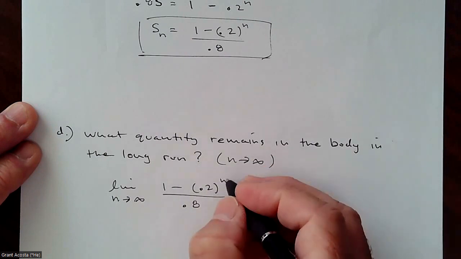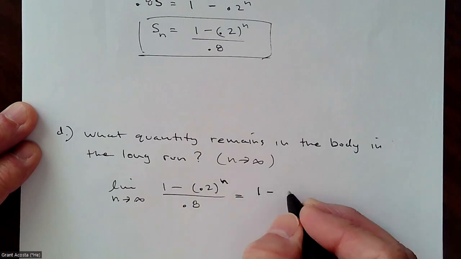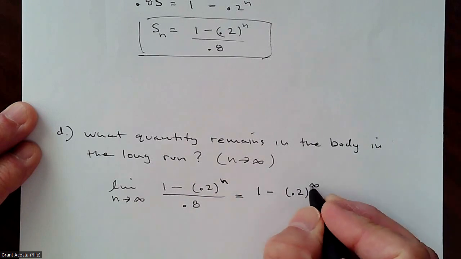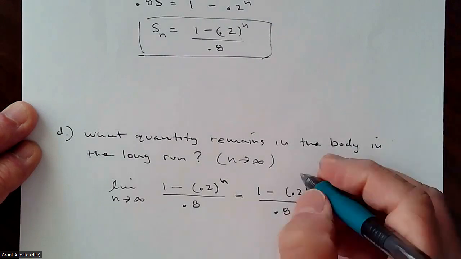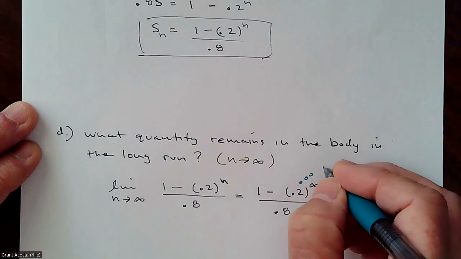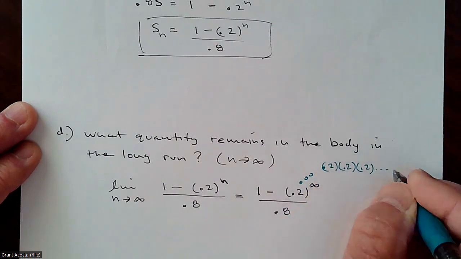And the only place to plug in infinity is right here. So we're going to have 1 minus 0.2 to the infinite power over 0.8. And what you have to realize is 0.2 to the infinite power is 0.2 times 0.2 times 0.2 forever.